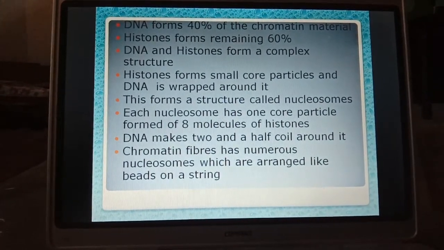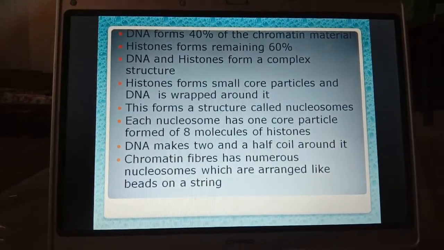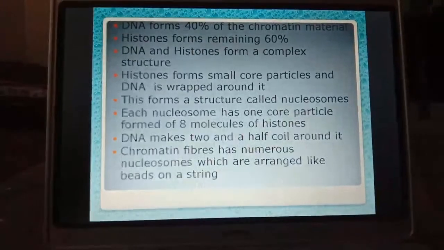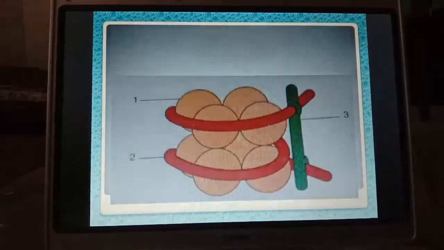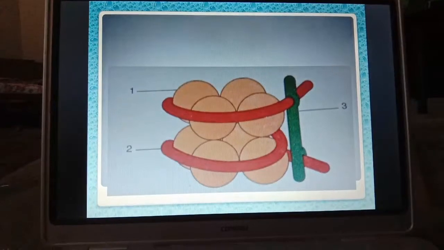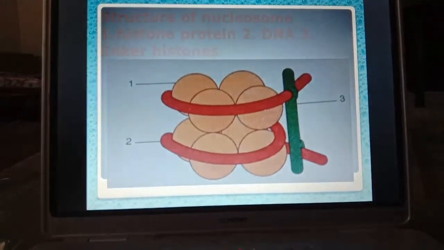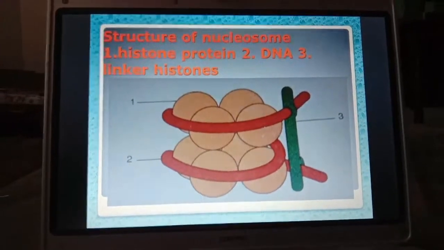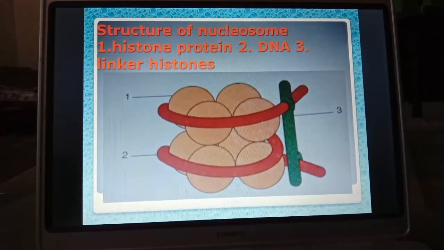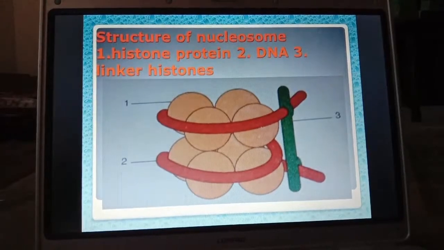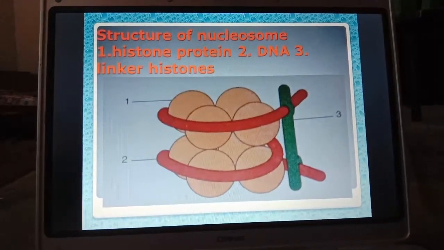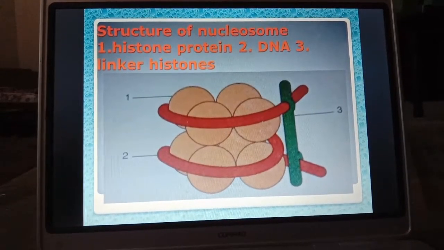From that you can understand the numerous nucleosomes are arranged like beads on a string. You can see here the structure of a nucleosome, which is showing histone proteins. Numbering is shown. Number 1 is histone protein, number 2 is DNA strand, and 3 is linker histone.